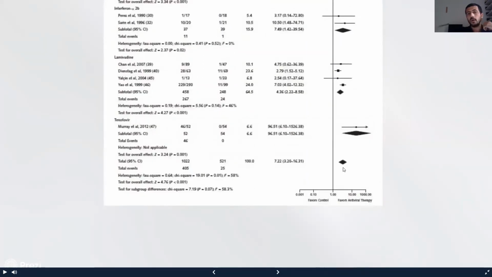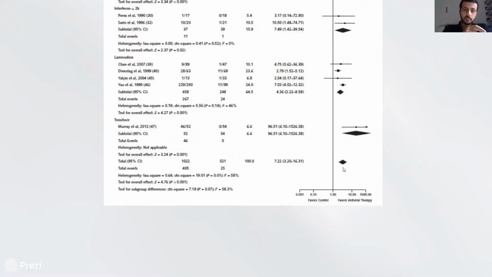If you remember the three tables, we said we have a 2 by 2 table, a 2 by 2 table, and a 2 by 2 table. Out of the 2 by 2 table, what is the number I can take that can summarize a 2 by 2 table? RR or OR or both?